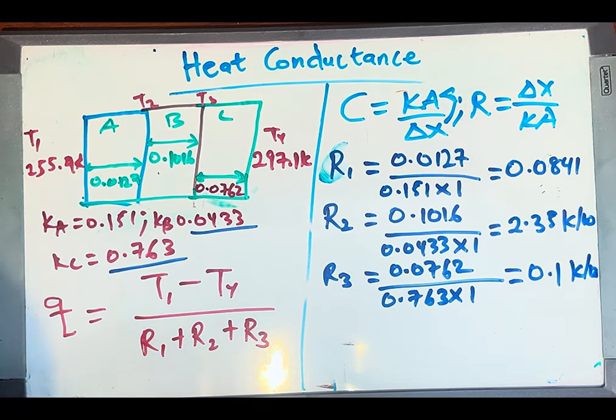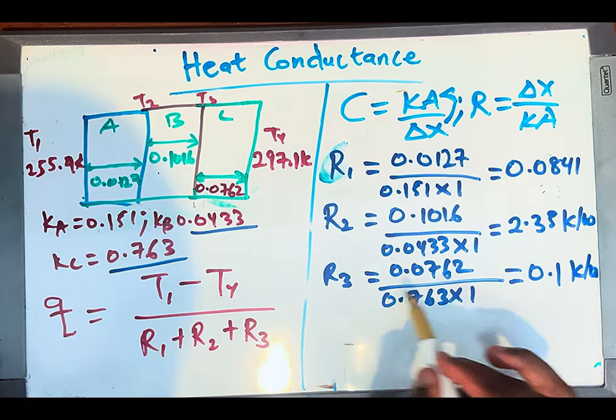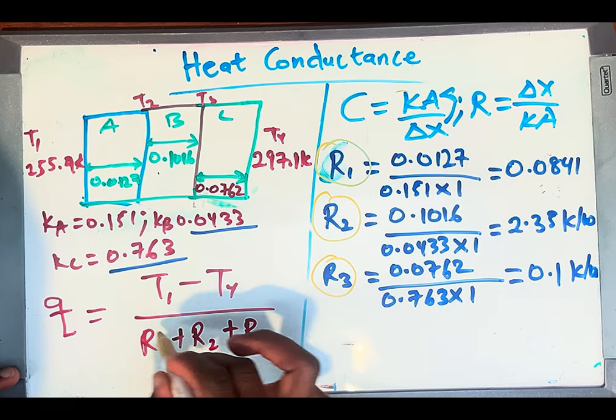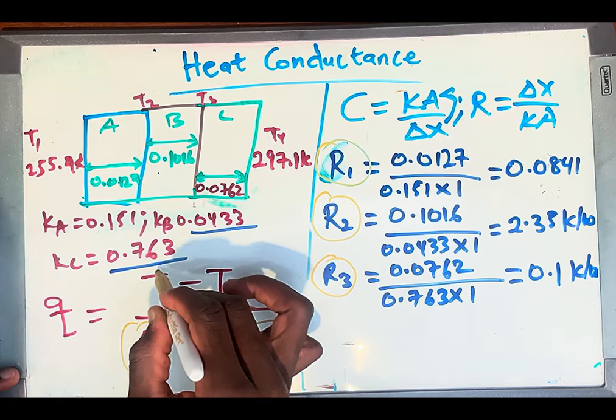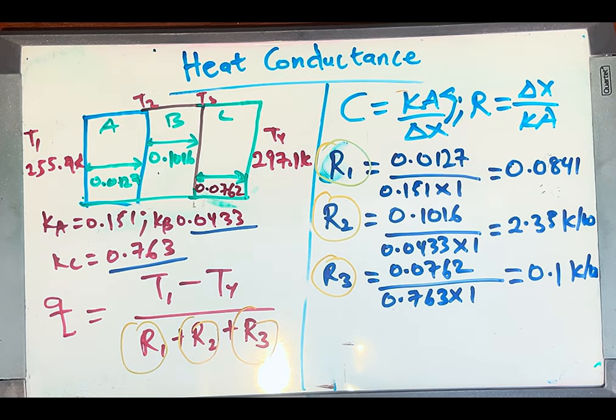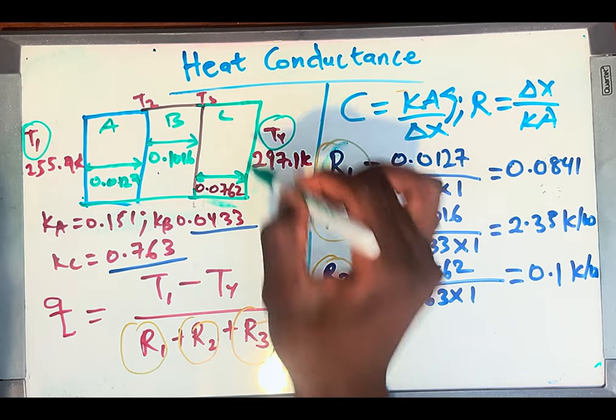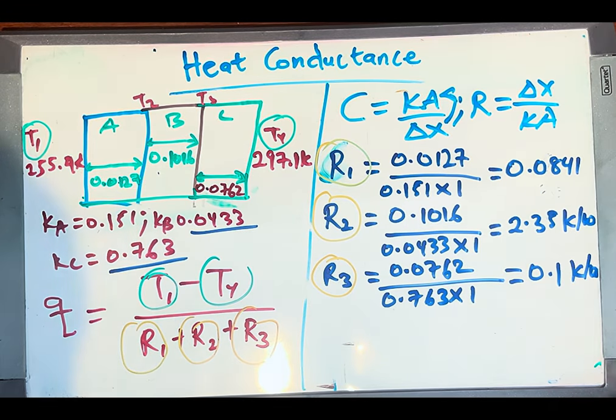Good. Now we have everything that we need, right? We have our R1, we have R2, we have R3. And we just have to fix everything into this formula. We know T1 to be here, we know the T4 to be here. So we just fix in and then we are good to go.